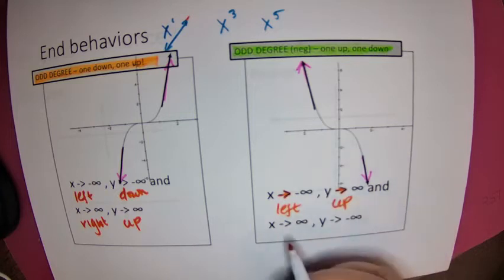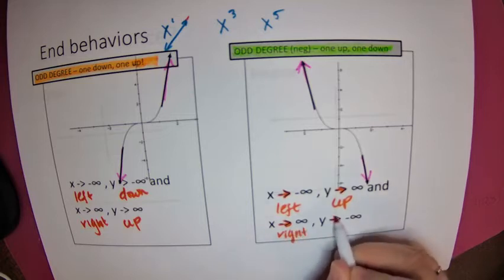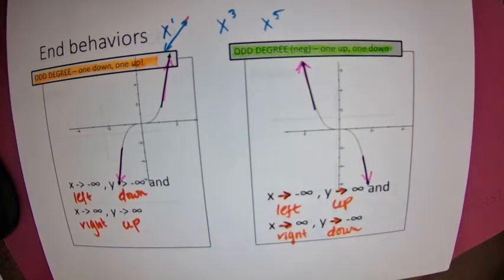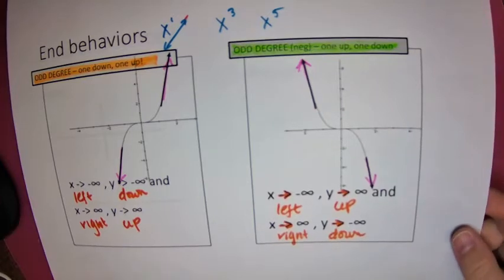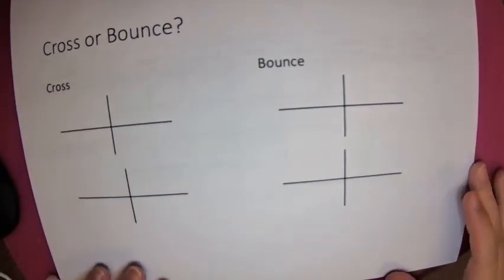That means we're up. As x approaches positive infinity, that's on the right, y approaches negative infinity. That's down. So these are the fancy ways we're going to be writing those end behaviors. One up, one down, one left, one right.